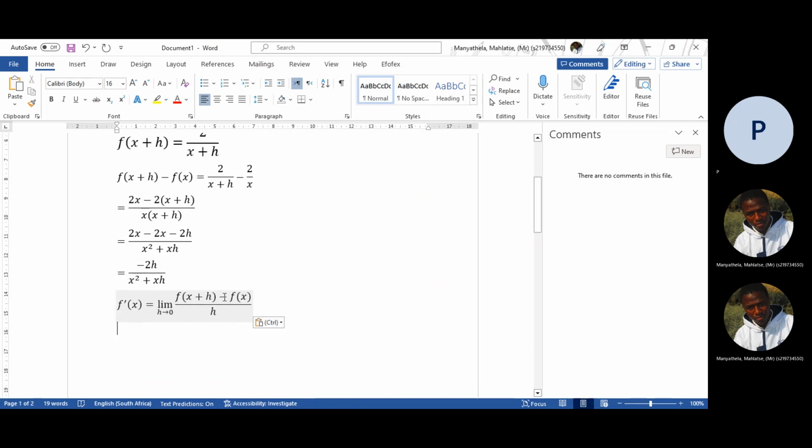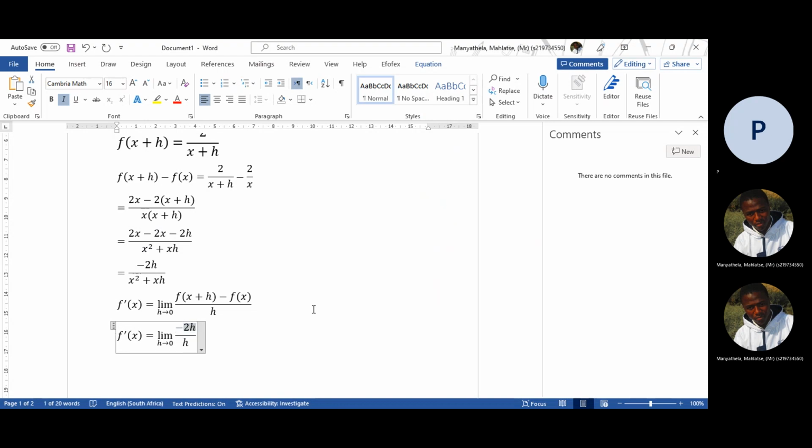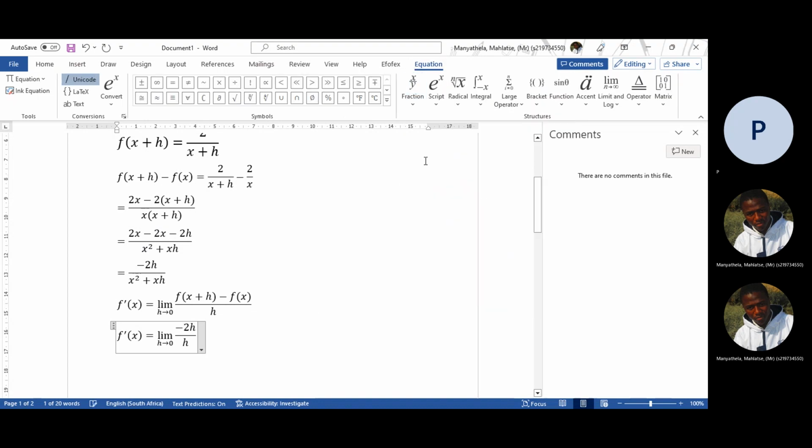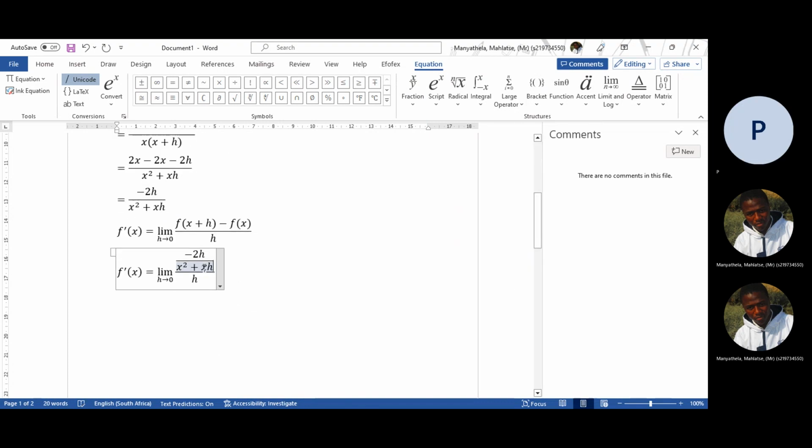Let's replace our f of x plus h minus f of x, which we have already worked out as negative 2h over x squared plus xh, all divided by h.